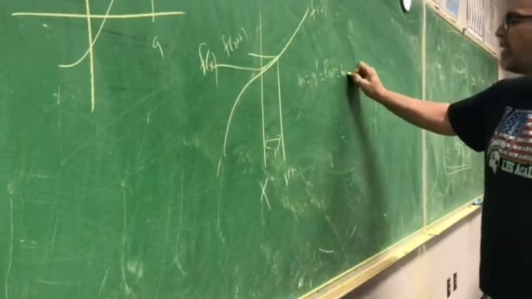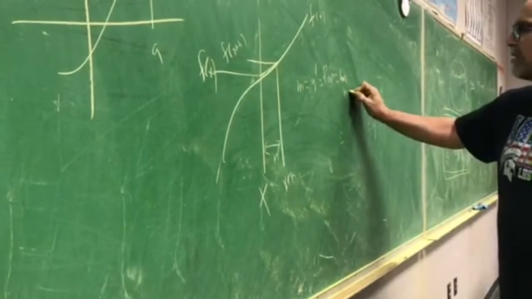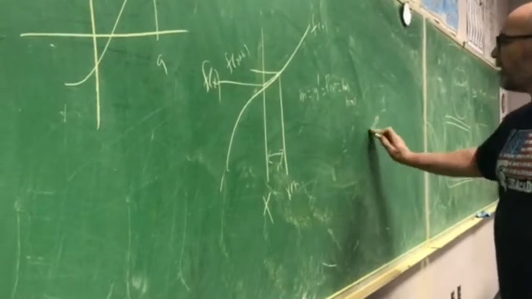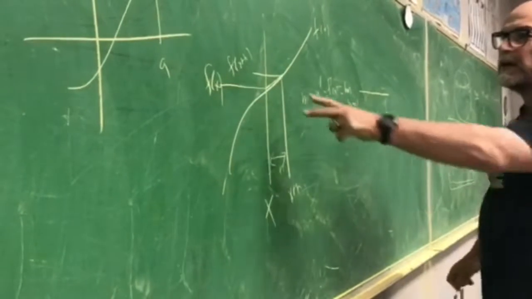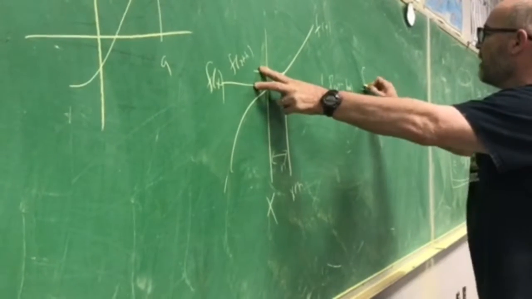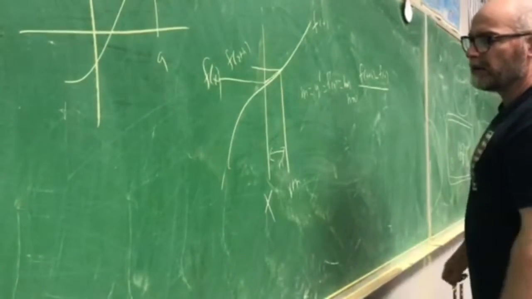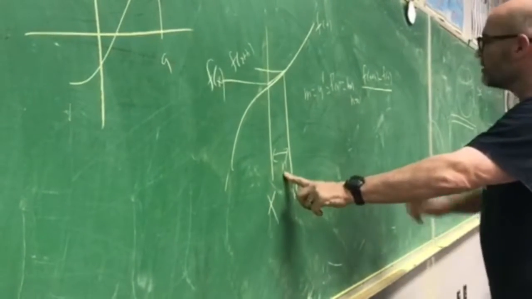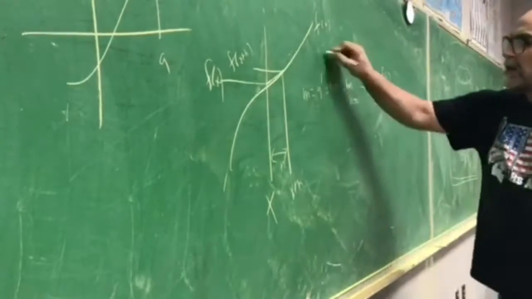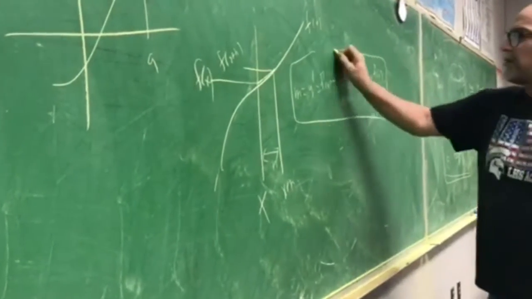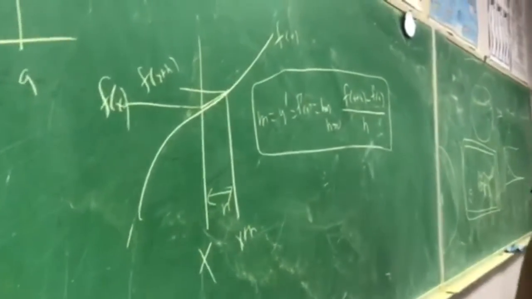And it will equal the limit as that h gets smaller and smaller forever of the change in y, which is f of x plus h minus f of x, all over the change in x, which is just h. So right there is the derivative of f of x.